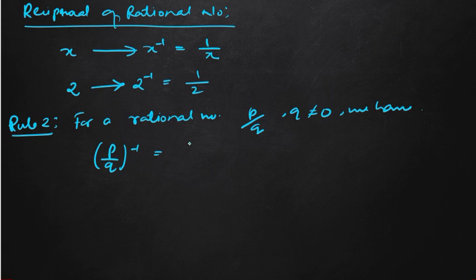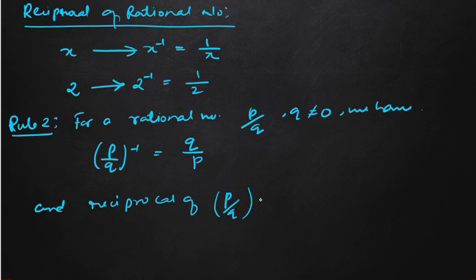So if we do the reciprocal, answer will be denominator will come to the numerator and numerator will come to the denominator. Okay, and reciprocal of p by q whole power m, if it is not 1, if it is other than 1, or you can put any number in place of m, so it is given by q by p whole power m.